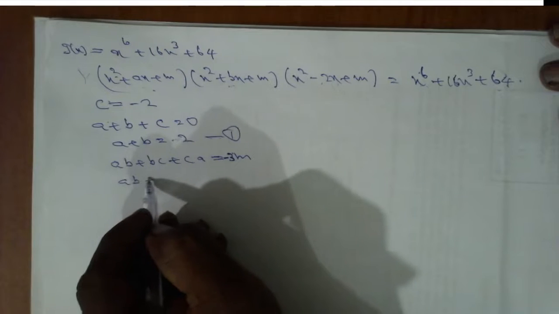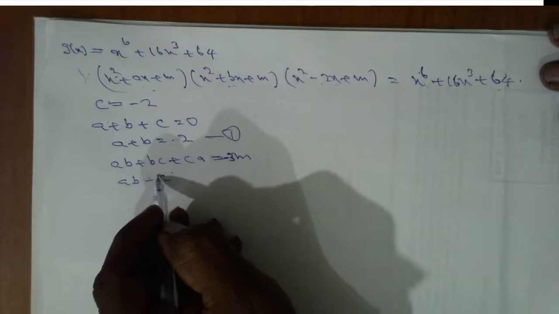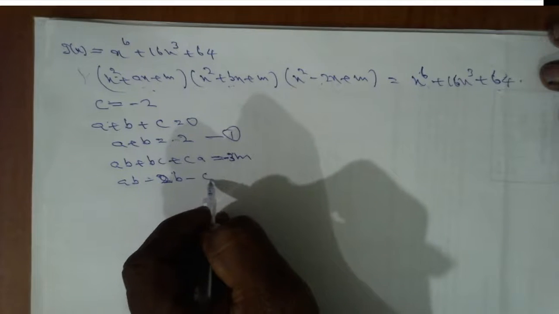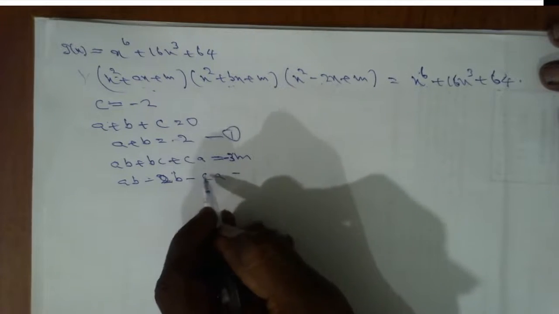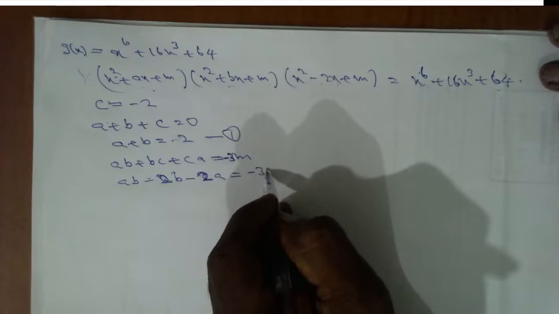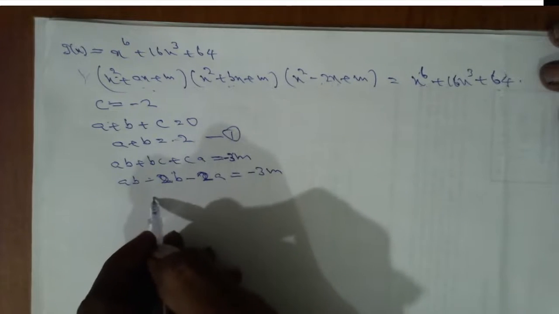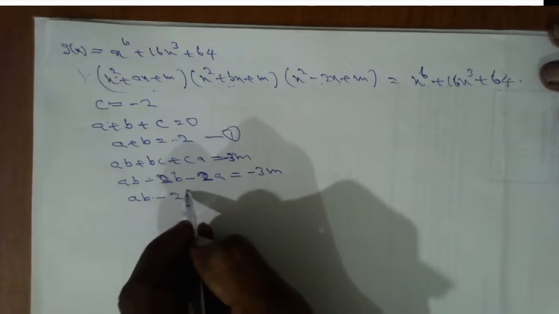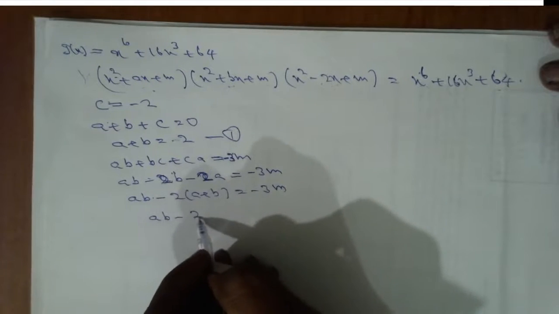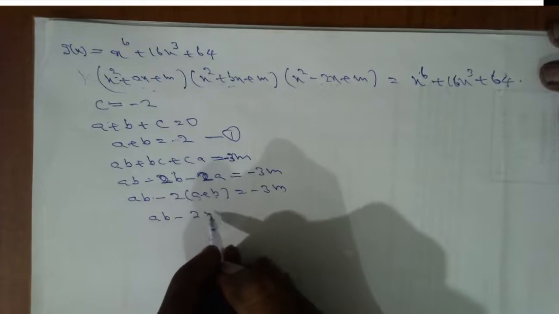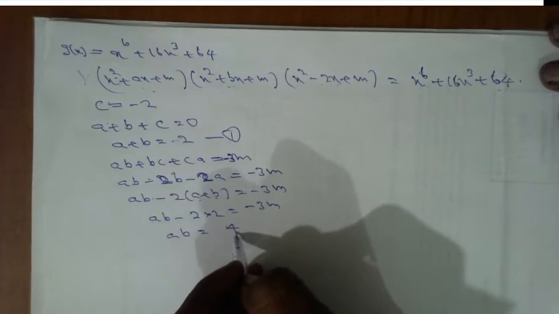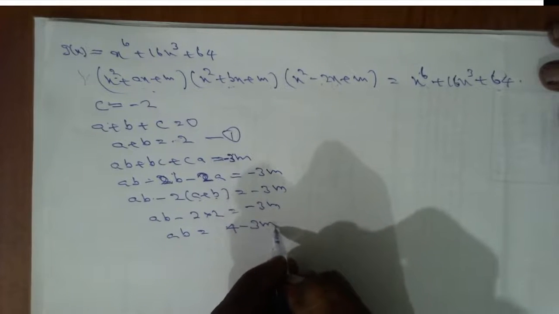If you substitute, ab minus c(a plus b) ... ab minus 2 into (a plus b) equals minus 3m. ab minus 2 into 2 equals minus 3m. So ab equals 4 minus 3m, right?